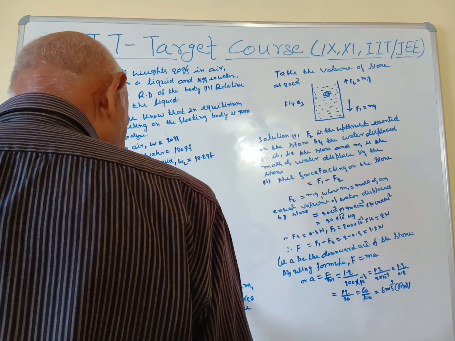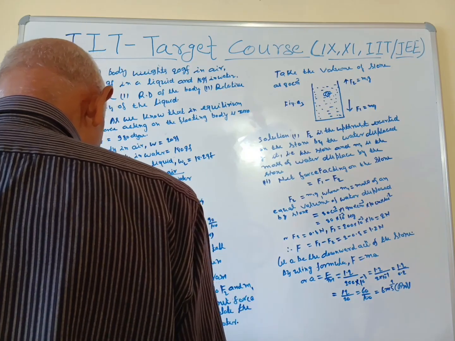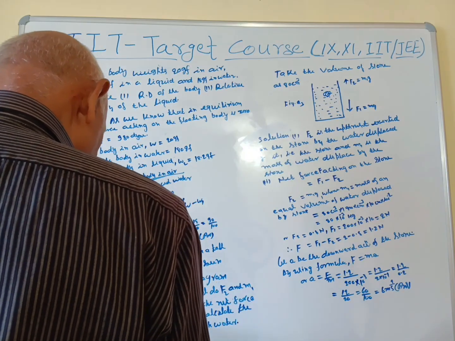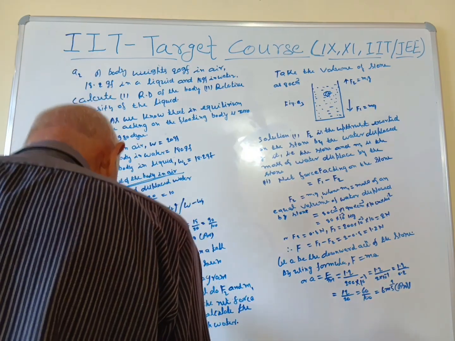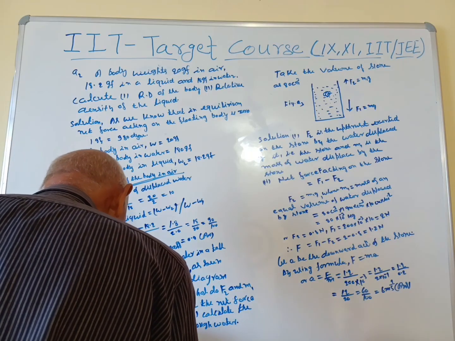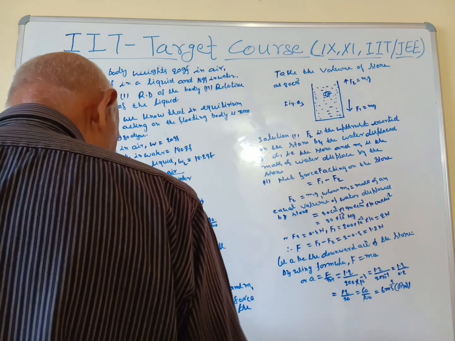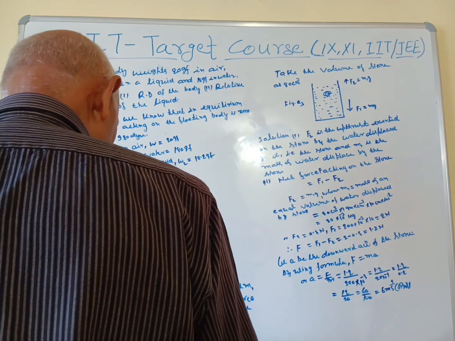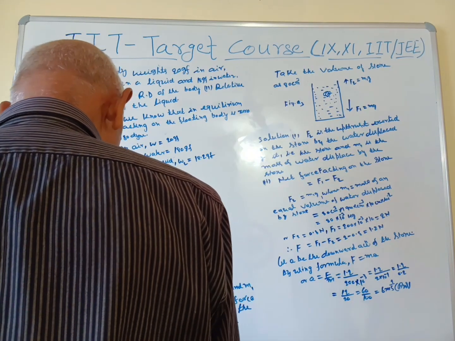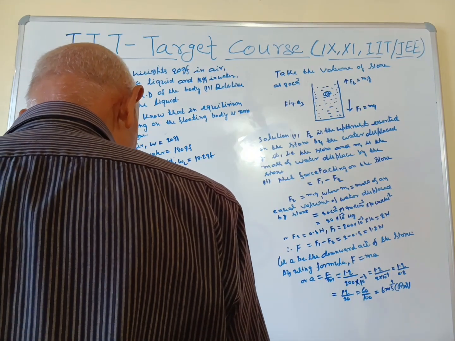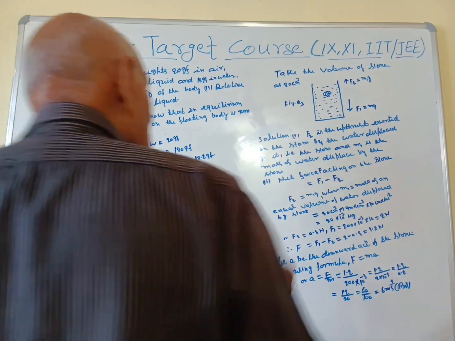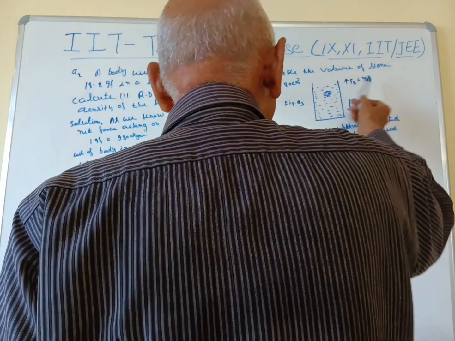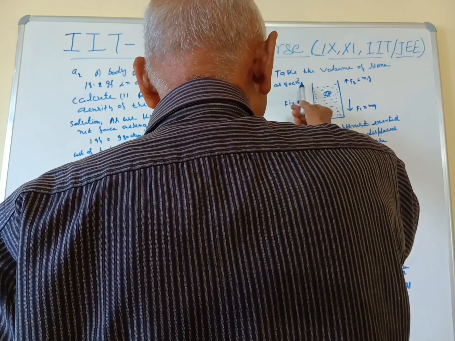What do F2 and M1 represent? Part 2. Calculate the net force acting on the stone. Part 3. Calculate the acceleration as it falls through water. Take the volume of a stone as 80 cubic centimeter.